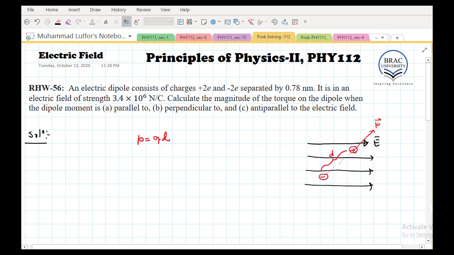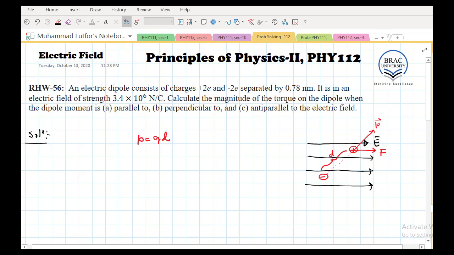If that is the case, it will create a torque. How will it create torque? This positive charge will try to move in that direction. We know the force on a positive charge: if you apply a test charge in the electric field, it will move in the direction of the electric field, because the force is in that direction.